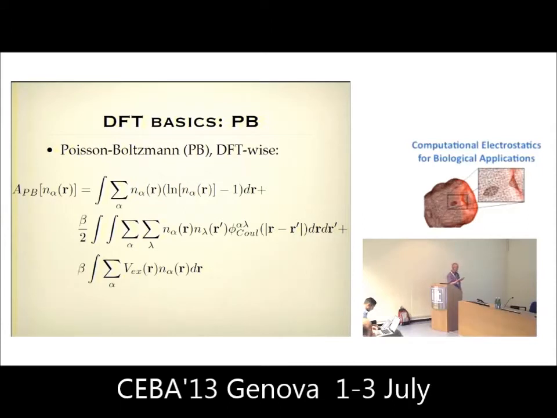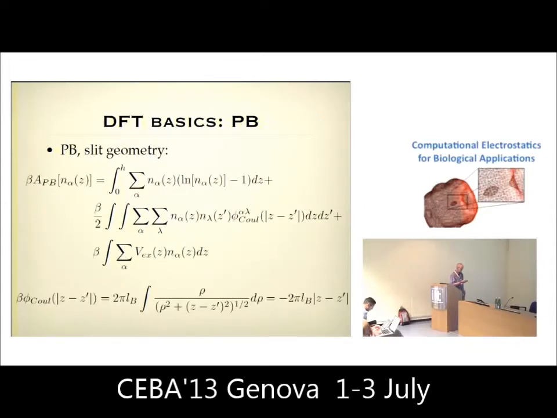So normally you have at least 2 components here, so you have to sum this. And then you also have the interactions between the components, just plugging in a pairwise additive potential, which is just a Coulomb potential. And then you might have some external field from charged particles or surfaces or whatever. And that's more or less all there is to it.